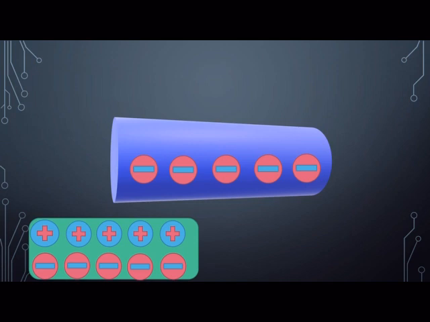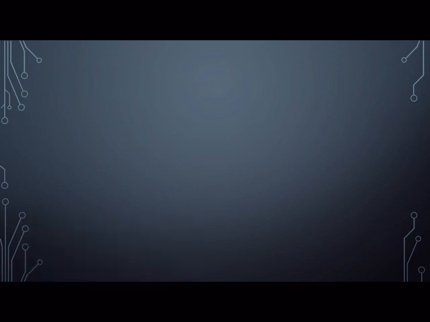This is known as induced charge. Once you take the rod away, the electrons go back to their original position and the material becomes neutral again. Hence, the charge is not permanent.